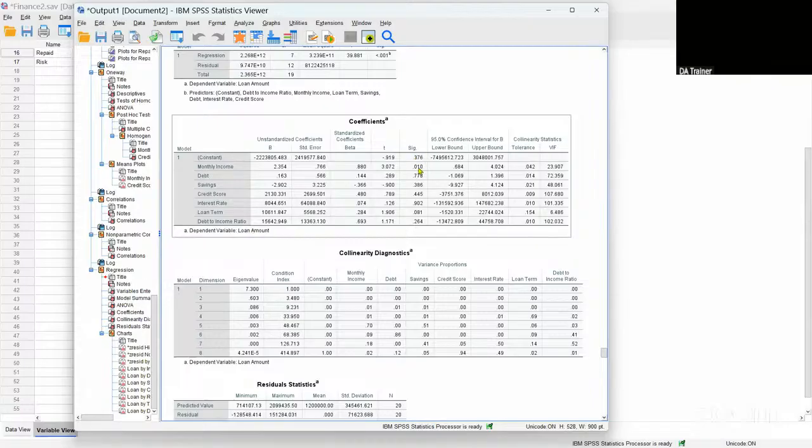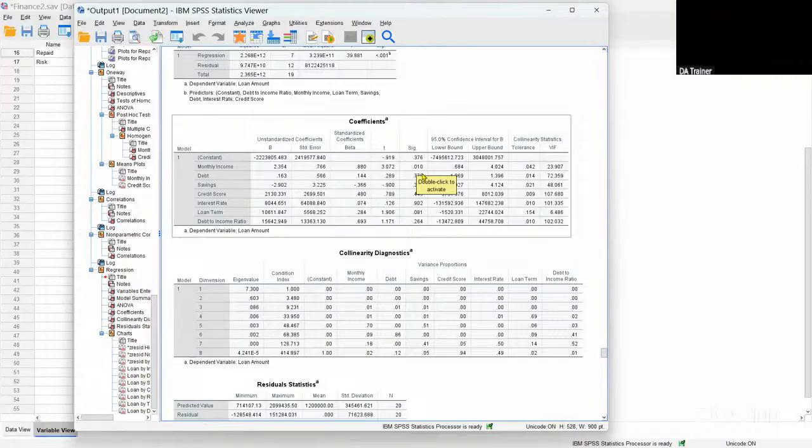Now we have monthly income is highly significant to loan amount. You can see it is less than 0.05. So here it is 0.01. So monthly income is highly significant to loan amounts.